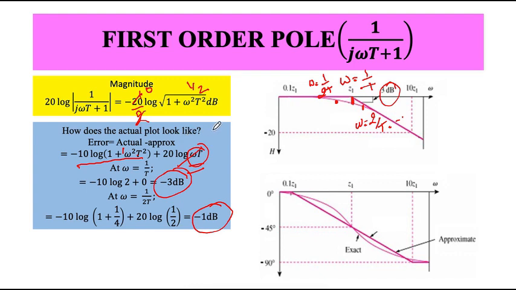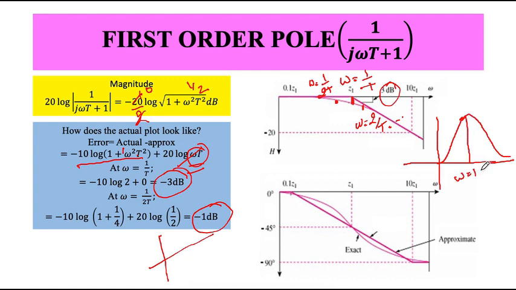So you see the maximum error is at the corner frequency. Maximum error is at corner frequency. So if I draw the error graph, it will be something like this. Right, so at corner frequency my error is maximum.